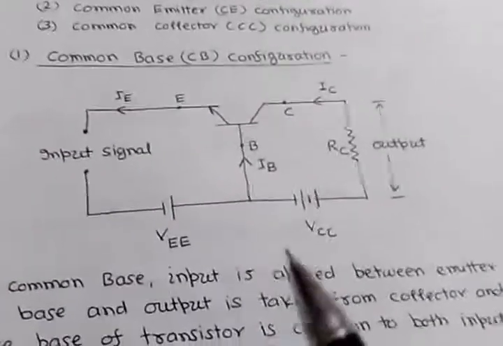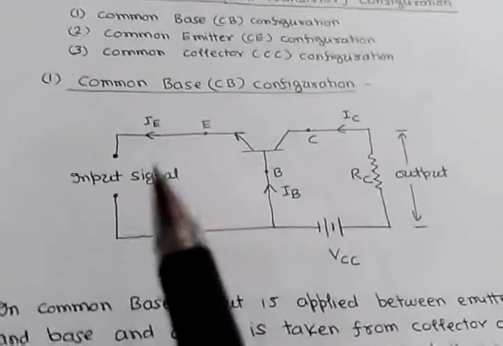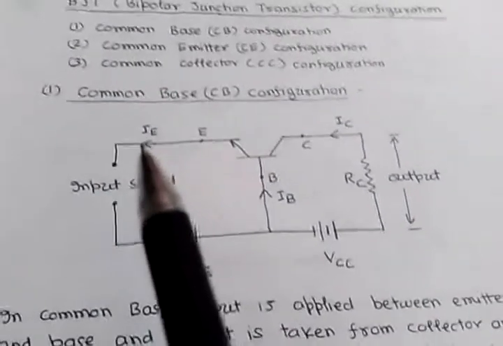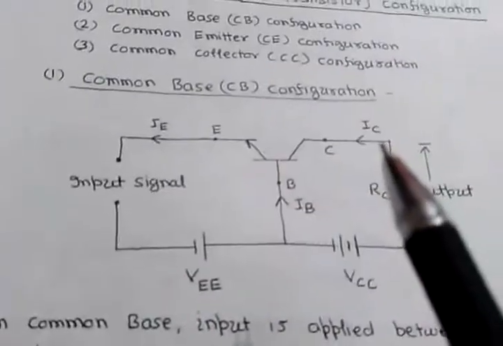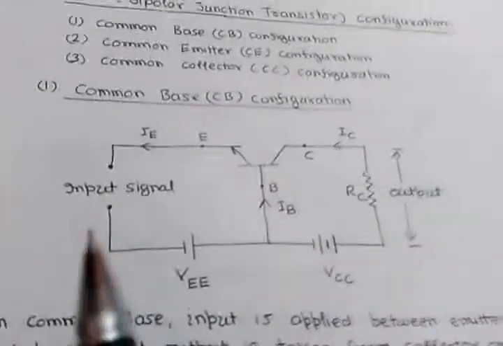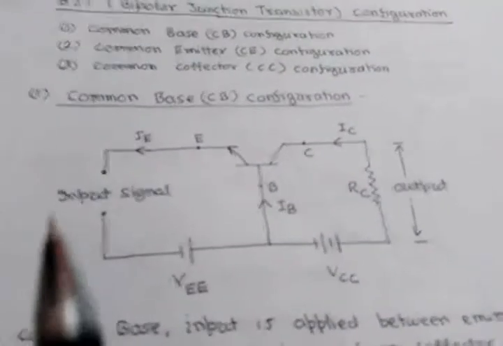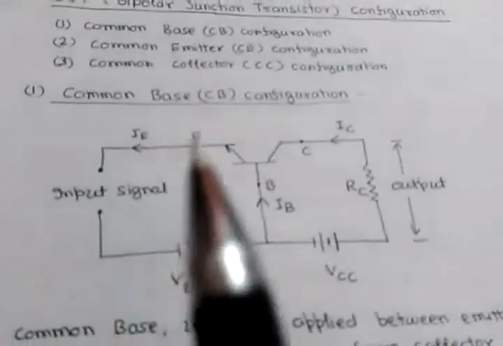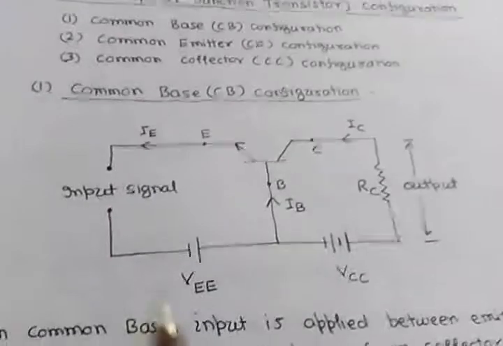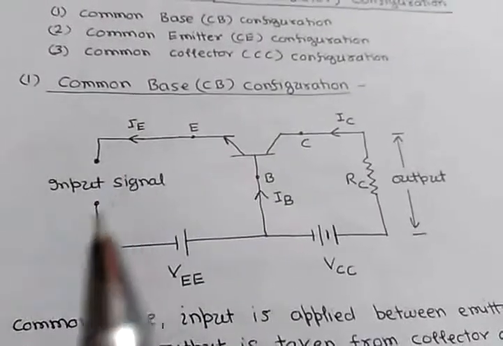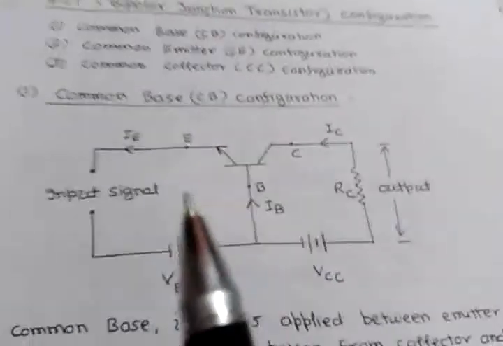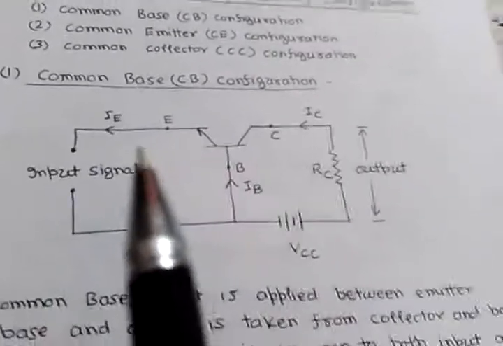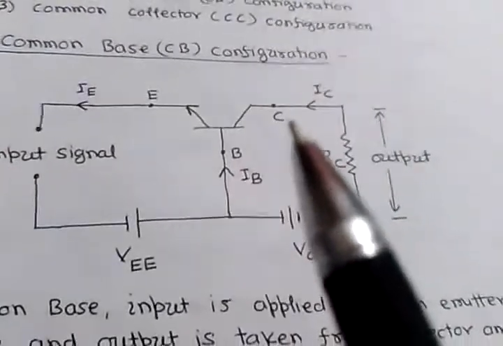In common base configuration, the input current is emitter current IE and the output current is collector current IC. If we apply an input signal between emitter and base, then according to the input signal, the emitter current will change, and when the emitter current changes, there will be a corresponding change in collector current.